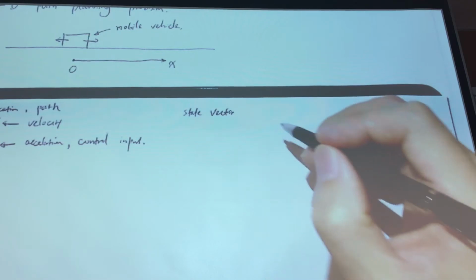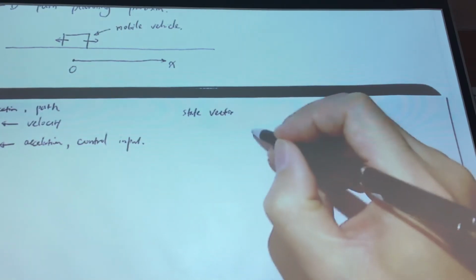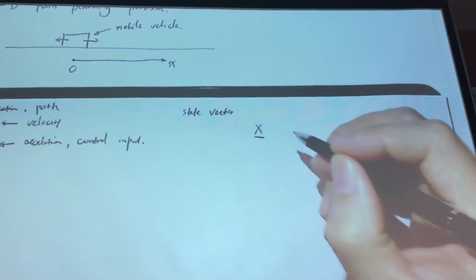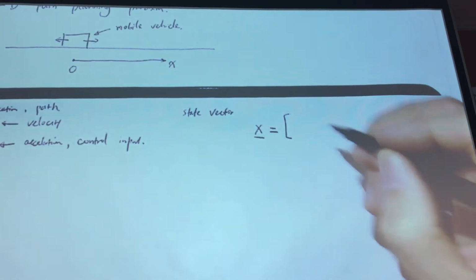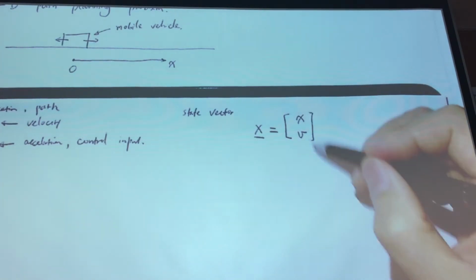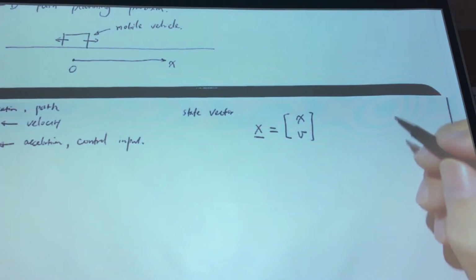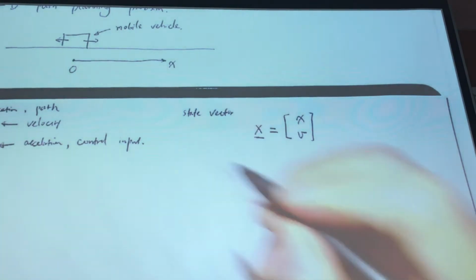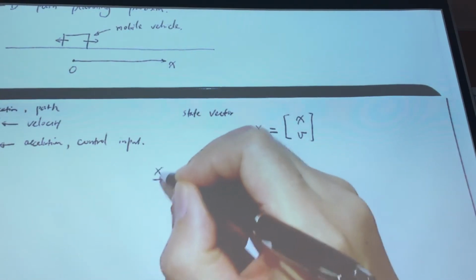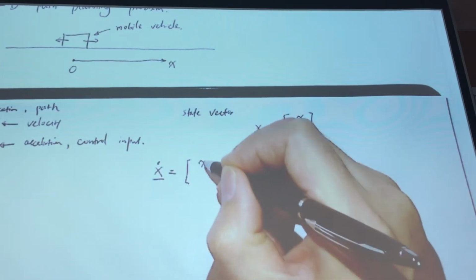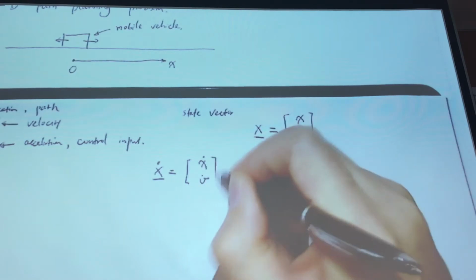I think you are quite familiar with the form. We can define the state vector to be the location x and the velocity v. So in this case, we have x dot, v dot.